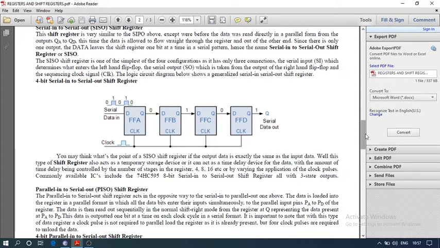So that's why it is called a shift register, right? So this is called serial in serial out. As the data comes serially into FFA and goes out from FFD, this is serial in serial out.